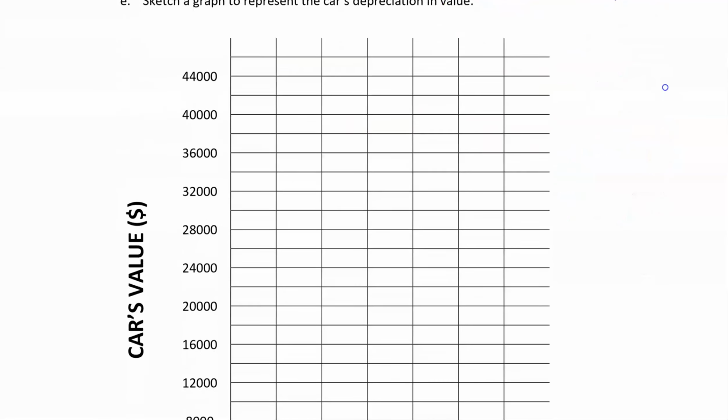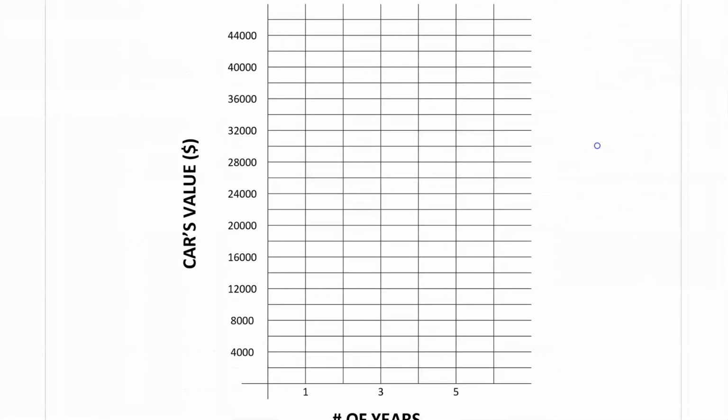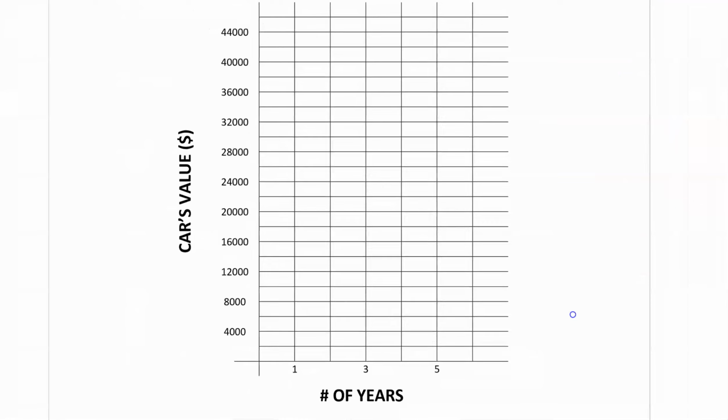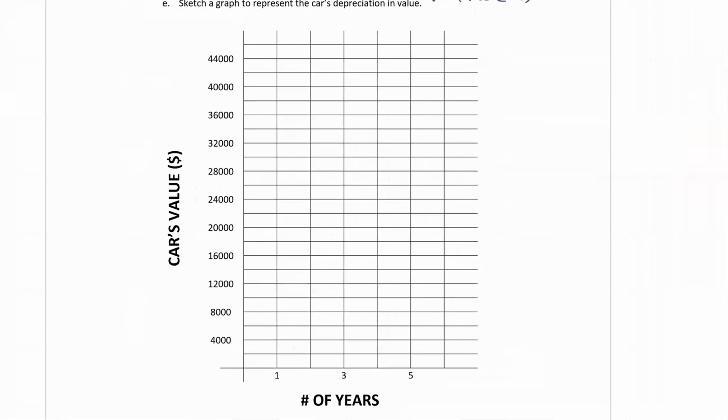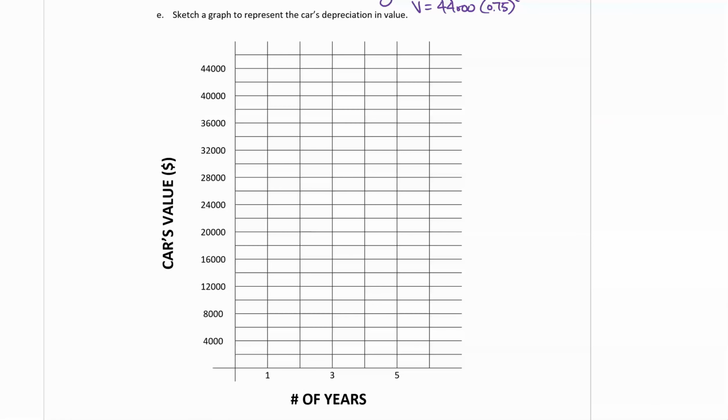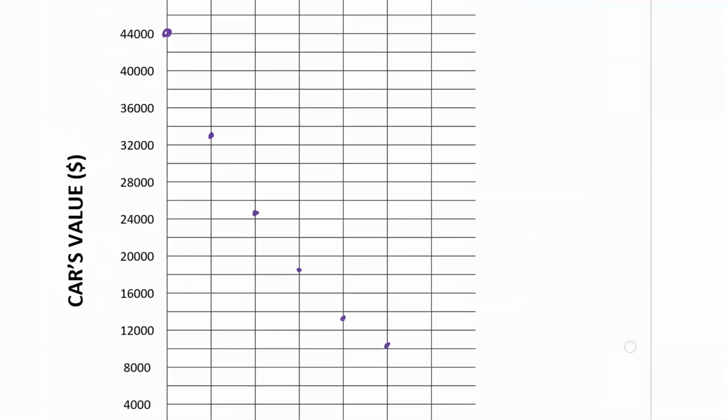All right, let's check out this graph. Okay, thanks, Mr. Chang. This graph is actually labeled this time. It says sketch a graph to represent the car's depreciation in value. Okay, so we're going to take a moment and plot in the points and connect them. And bam, right? Here's our graph.